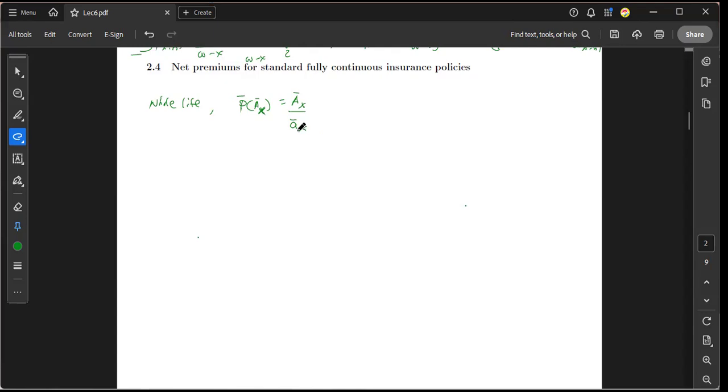So it's quite straightforward. And for n year term life, again, a continuous premium for a continuous term life of n years. The benefit present value of n years term continuous, and the continuous temporary life annuity.